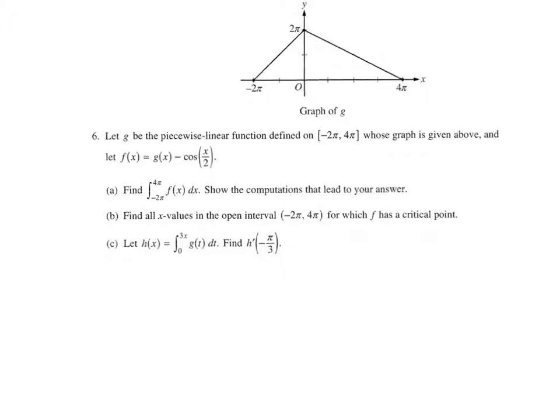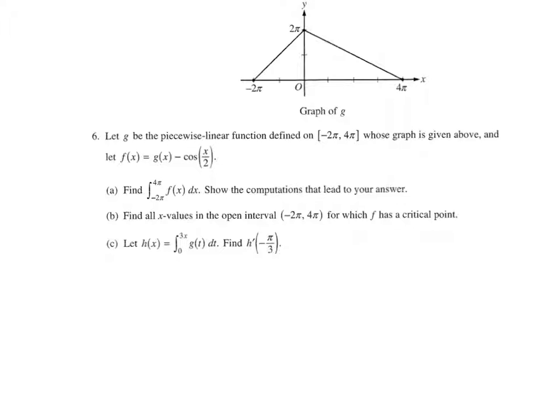The next one. Find all values in the open interval from negative 2 pi to 4 pi for which f has a critical point. Remember, f is going to have a critical point where the derivative is 0 or undefined.